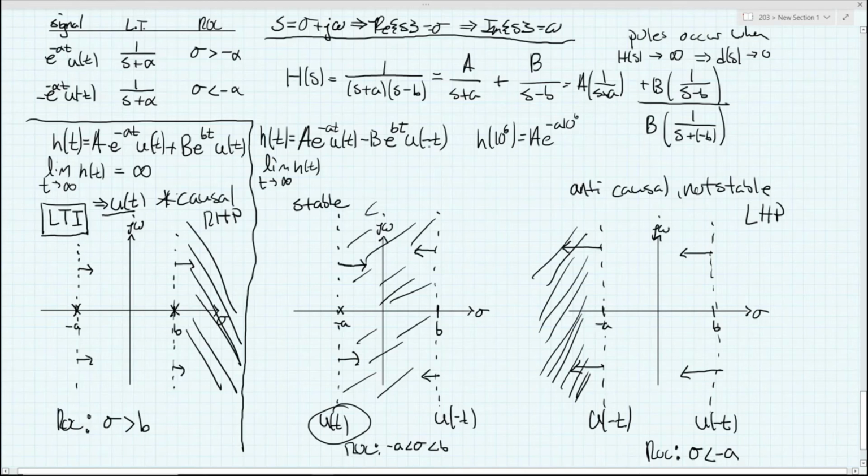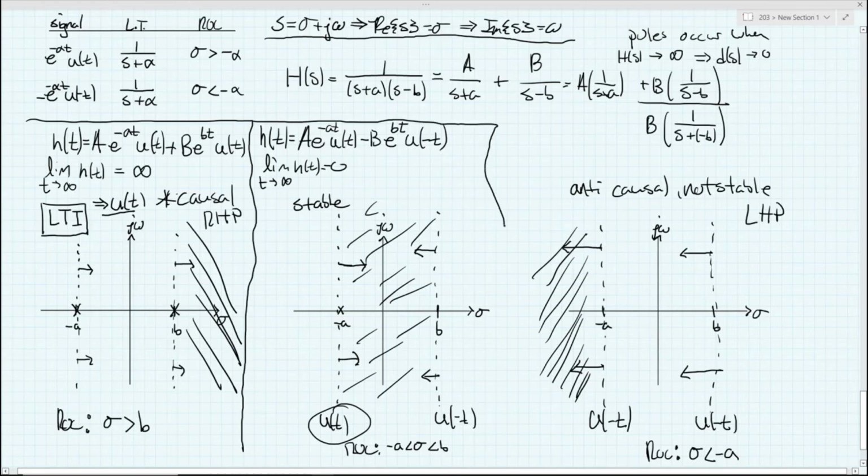And this unit step at that point will be evaluating at 0. So the limit of h of t as t goes to infinity is 0, which is why it's stable, okay? And the j omega axis is included in this because it's stable.